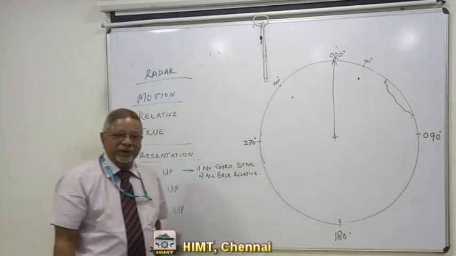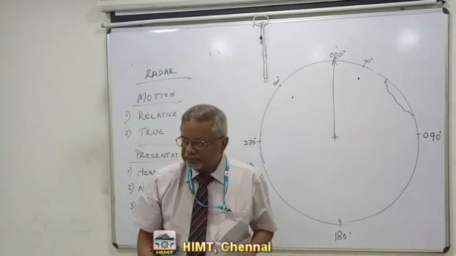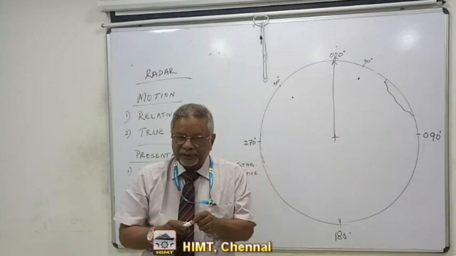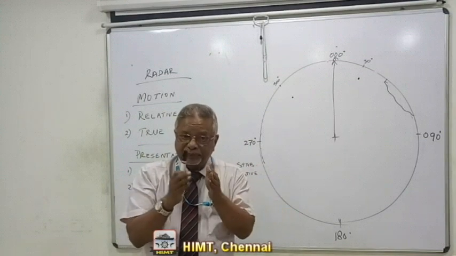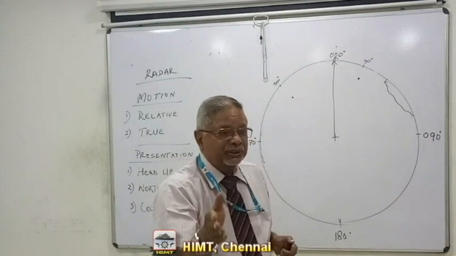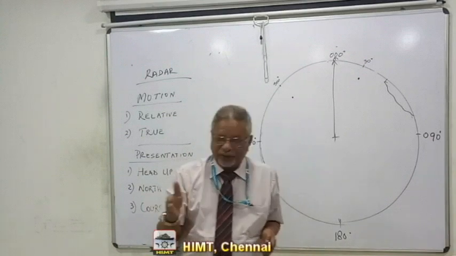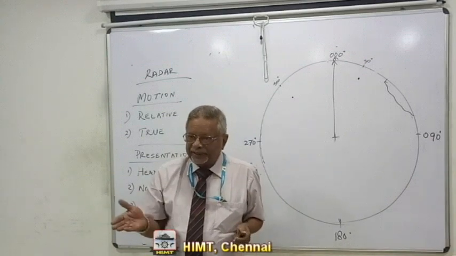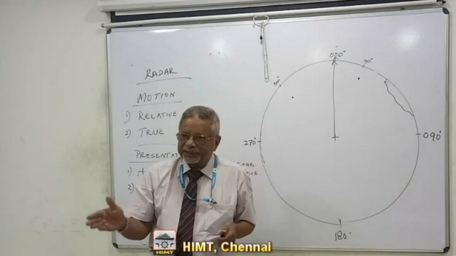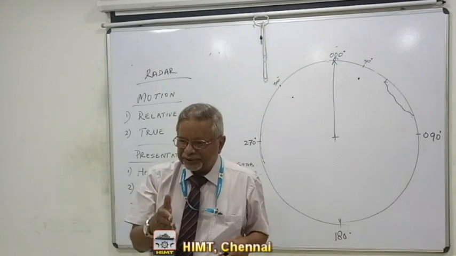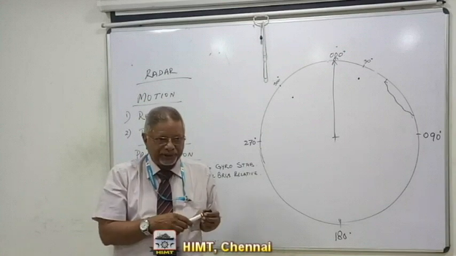How do you convert this relative bearing to true bearing? Adding the course. At that time, when you are taking the relative bearing, you also must take the course or the heading of the ship and apply that. If it exceeds 360 degrees, then subtract 360 from that, you will get the true bearing.